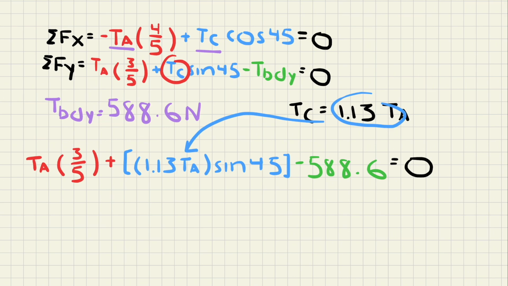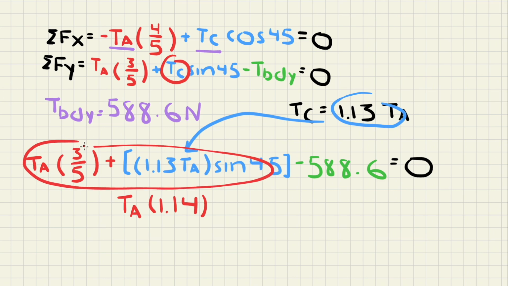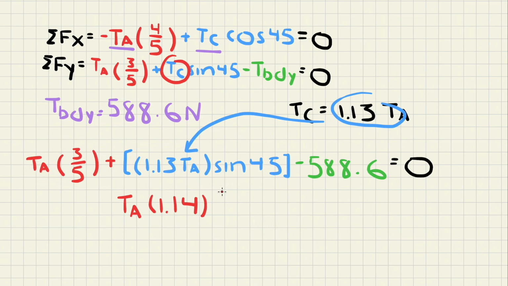With some simplification, since these are both now the same variable, I can just combine them. So 1.13 times sine 45 is just going to be 0.8. So 3/5 plus 0.8 is going to give us 1.14 TA. All we're doing is combining these, because we can do that since it's the same variable.